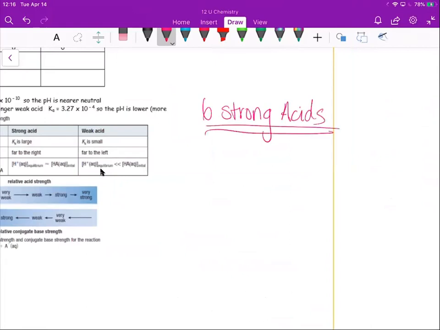Okay, and so that's hydrochloric acid, nitric acid, perchloric acid, sulfuric acid, phosphoric acid, and then I'm forgetting one. Oh gosh, which one is it? I want to say hydrobromic acid. I'll find out which one the last one is, okay?